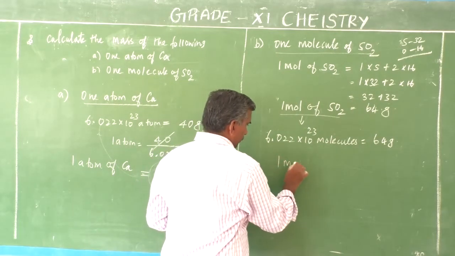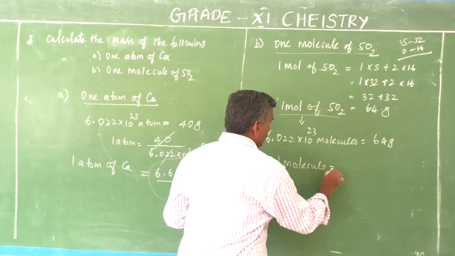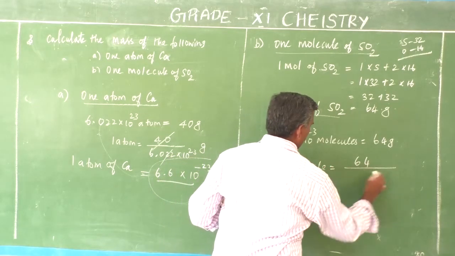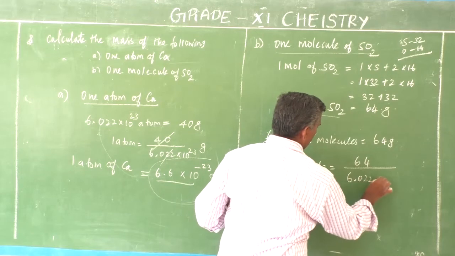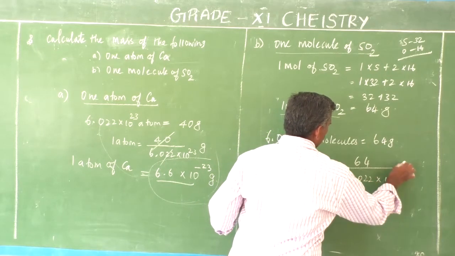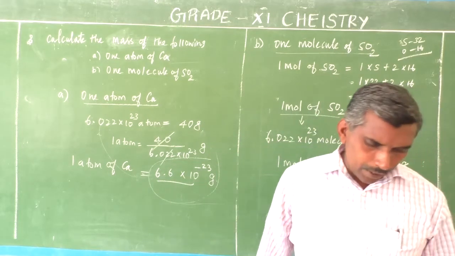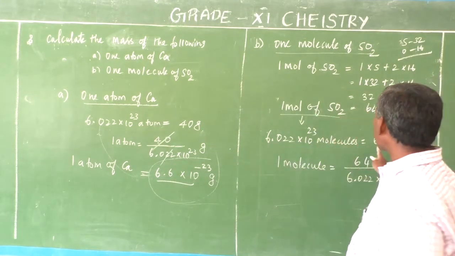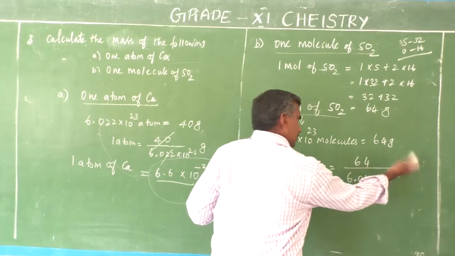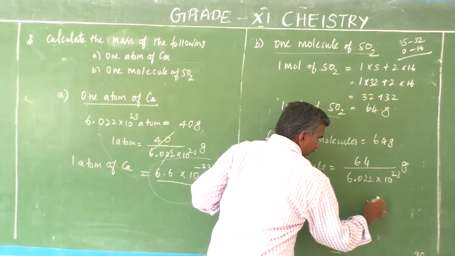1 molecule is equal to 64 into 6.022 into 10 power 23 gram. Now this denominator is converted into numerator, 10 power minus 23.